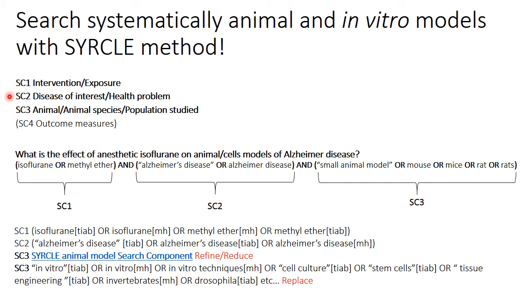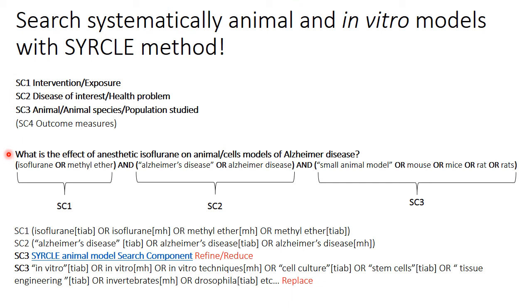Search component 2 should include the disease of interest or the health problem. Search component 3 should be made of the animal or animal species or population studied concept. Please note that a fourth search component, namely outcome measure, could end with a low recall of results, and sometimes it is better really to rely on these three parts.